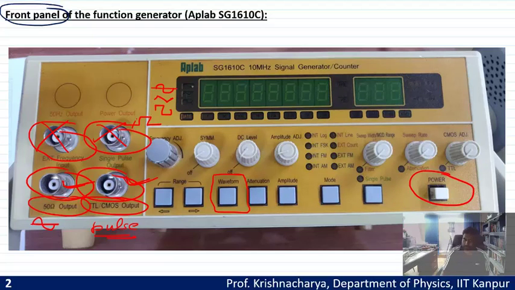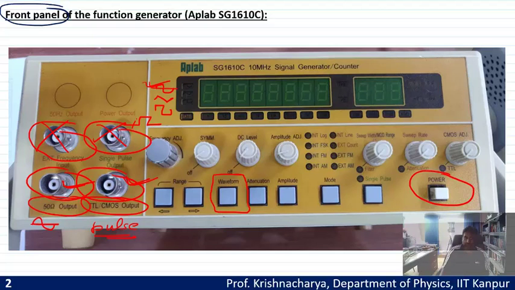If you want to change the waveform type, you press the waveform button multiple times, so that you can toggle between the three types and select the right one. For most of the experiments you will be using the sine wave, but for certain experiments, for example integration, you may use this or this. This is basically to select which particular waveform.